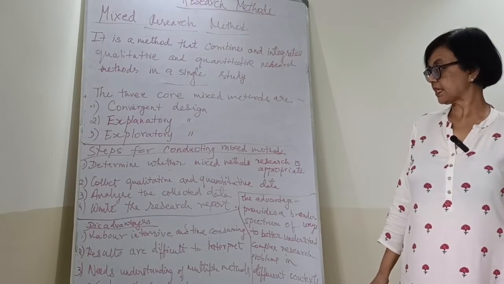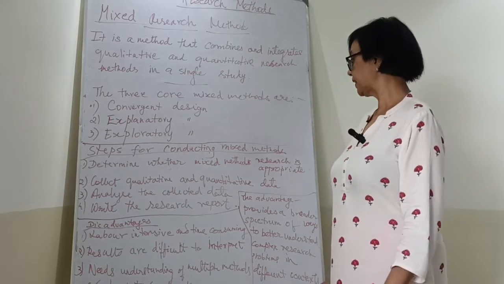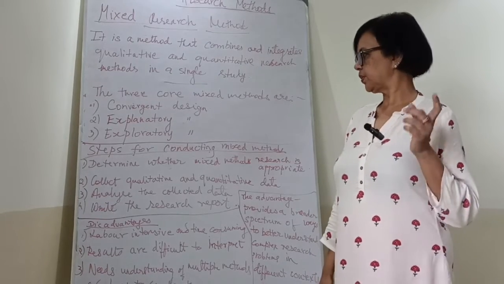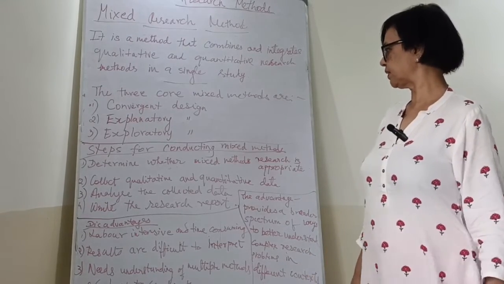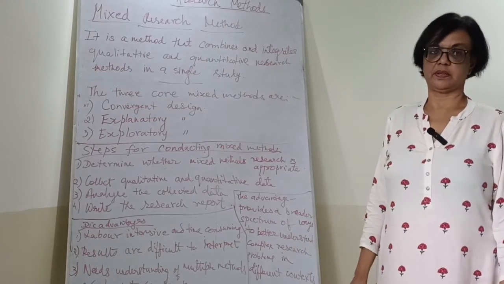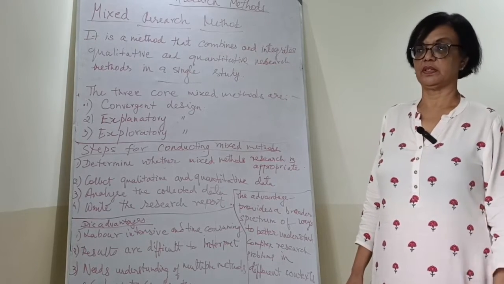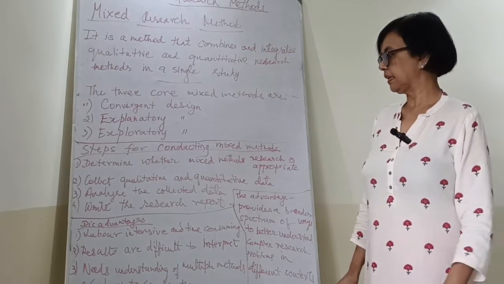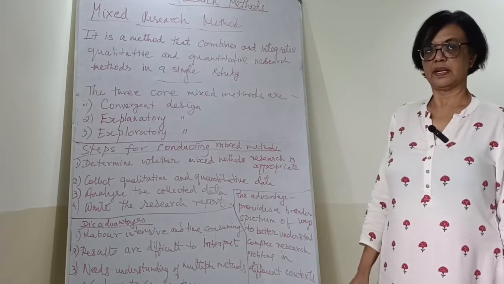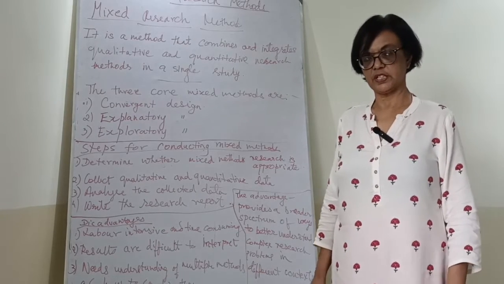So, what are the steps for conducting a mixed method? First step is you have to determine whether mixed method research is appropriate. Whether this method is appropriate. So you have to first determine it. Then after you think that it is appropriate, then start collecting the qualitative and quantitative data.